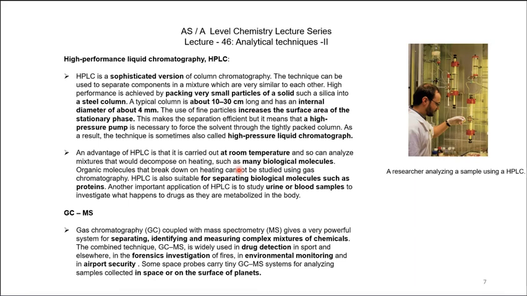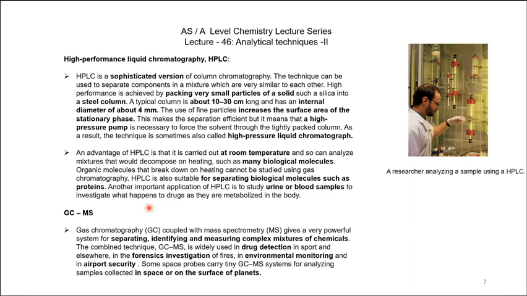So the HPLC advantage is that we can use it for separating biological molecules such as proteins, or even urine and blood samples, to investigate what happens when a drug is administered to the body and how it is metabolized. That's what we can see from this.